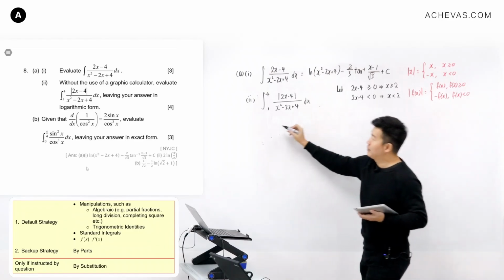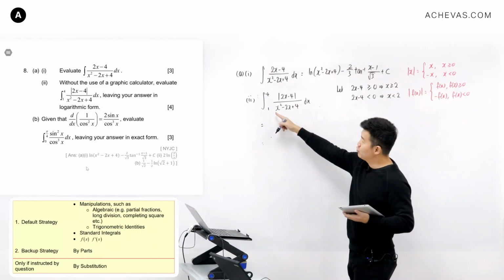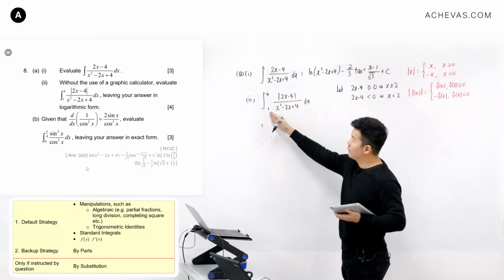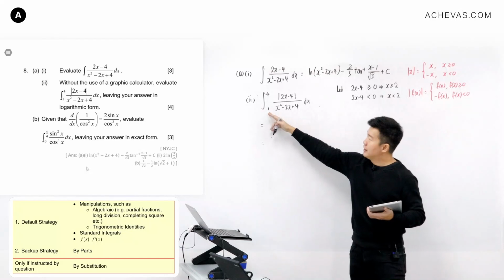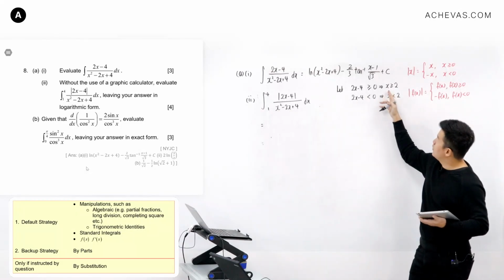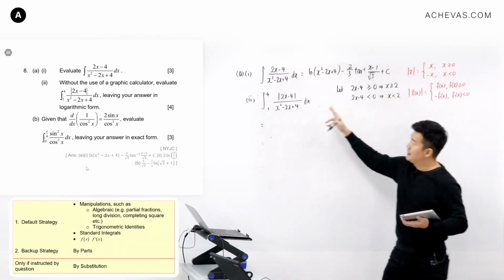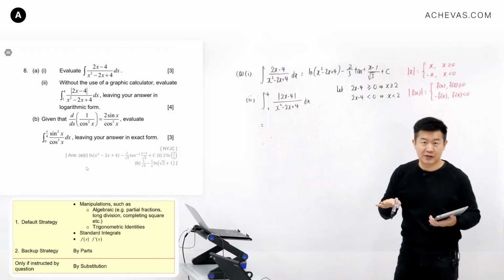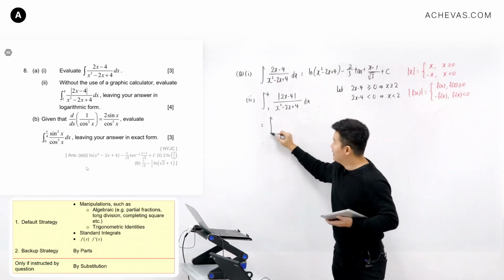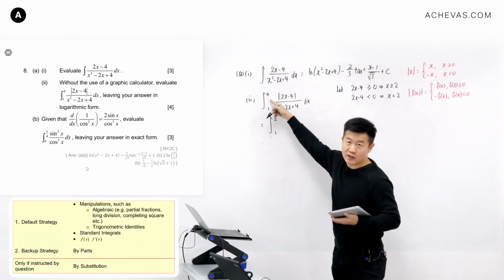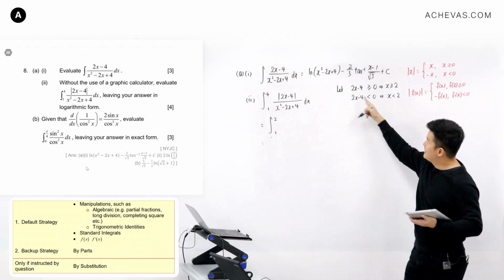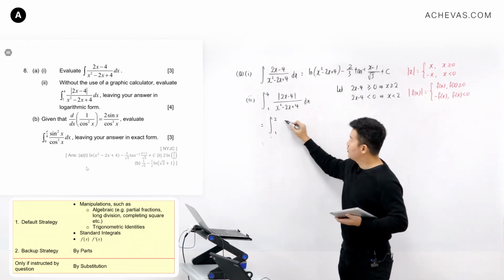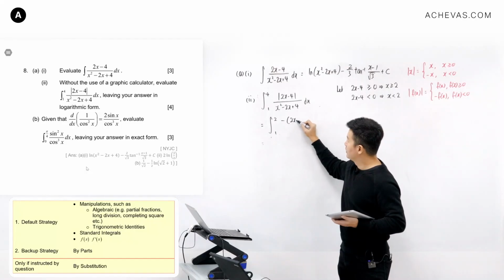I can apply that now because I'm trying to integrate across this graph from 1 to 4. When x is less than 2, this expression is negative. So if I integrate from 1 to 2, this expression is negative, so I'm going to add a negative to it.